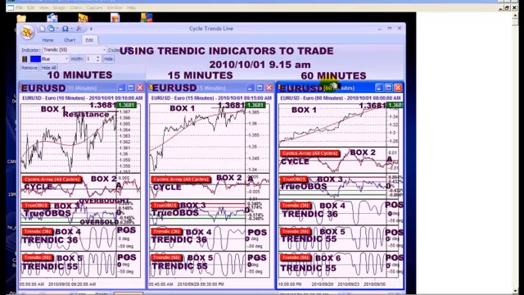In the 60-minute period here we have duplicated the trending 55, so there are 6 boxes. So if you look at the 15-minute period, we have the same 5 boxes: price box, cycle box, overbought oversold indicator, and the 2 trendings, trending 36 and trending 55, and the same in the 60-minute period.